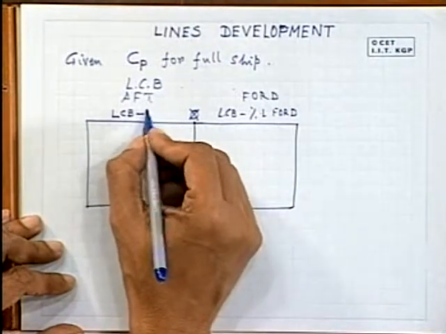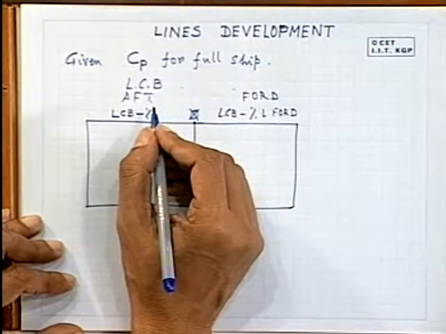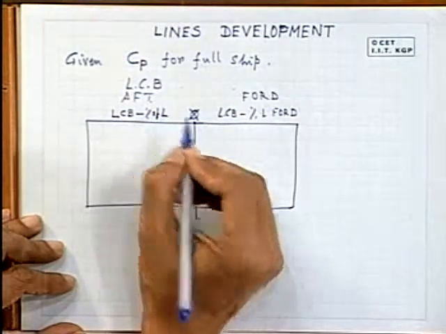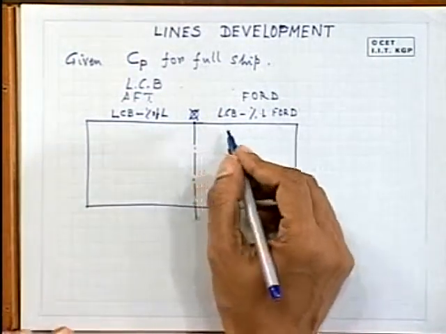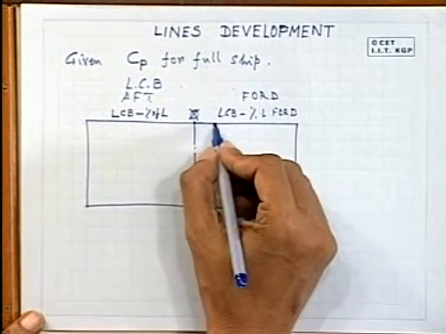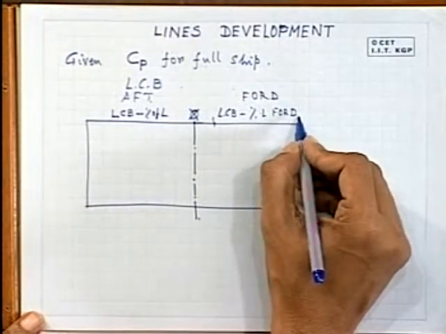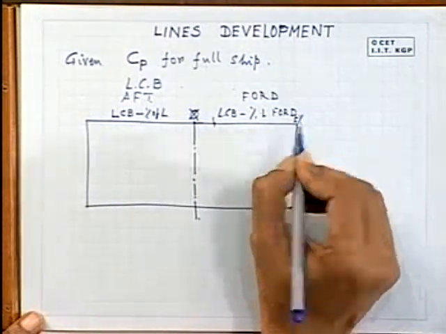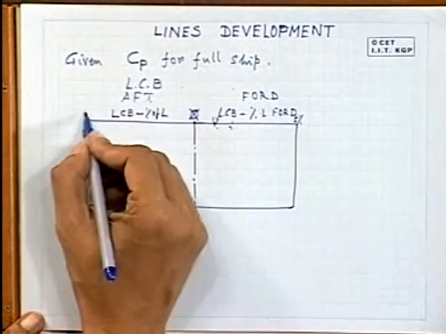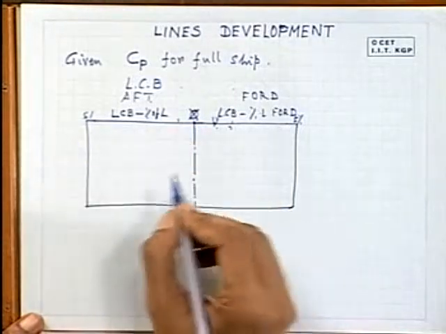So LCB as percentage of L aft of midship: normally you'll find the LCB lying between, say, 1% and the maximum will be say 5%. So 2, 3, 4, 5 is given here. Similarly here also 5% will come, 0, 1%.